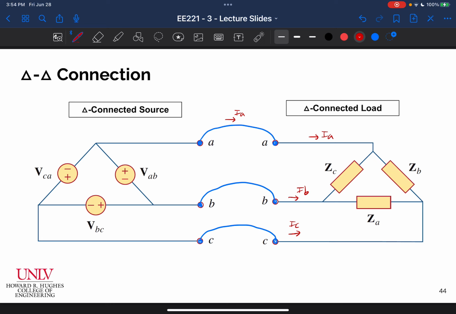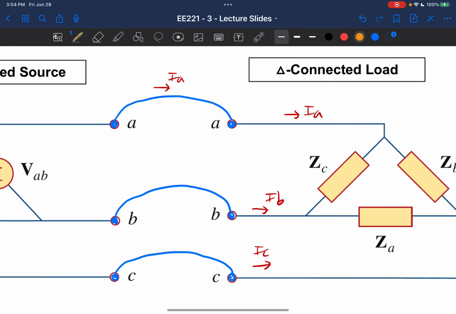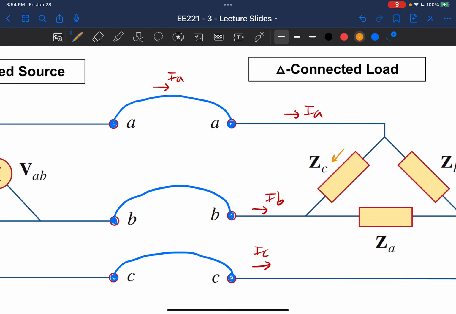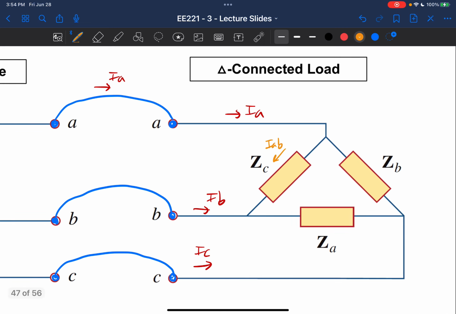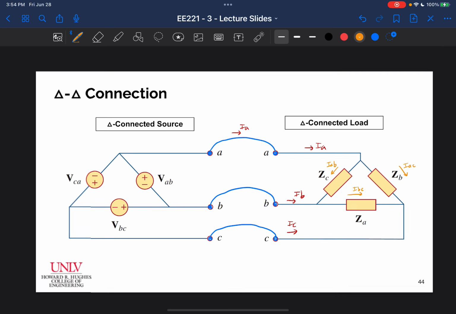But now, like I said, we're going to have something called phase currents, which aren't the same as our line currents, that flow through our load, because this is not going to be the same as IA or IB, so they'll call this one IAB. This one would be called IAC or ICA, depending on the way you define it. And then this one will be called IBC or whatever. And those are your phase currents.